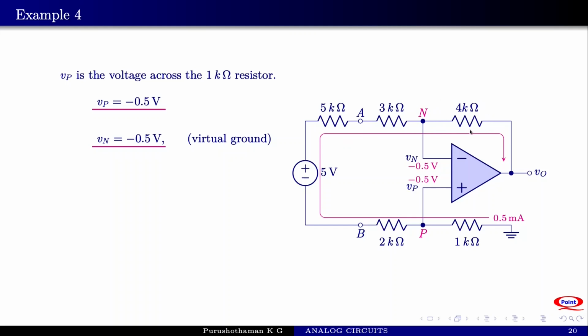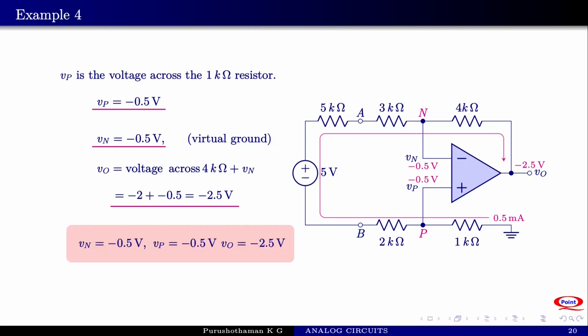This is the left side positive and right side negative. So the output voltage is equal to minus 2 plus minus 0.5, which is minus 2.5 volts. So this is the result. Vn equal to minus 0.5, Vp equals minus 0.5 and Vo is minus 2.5 volts.